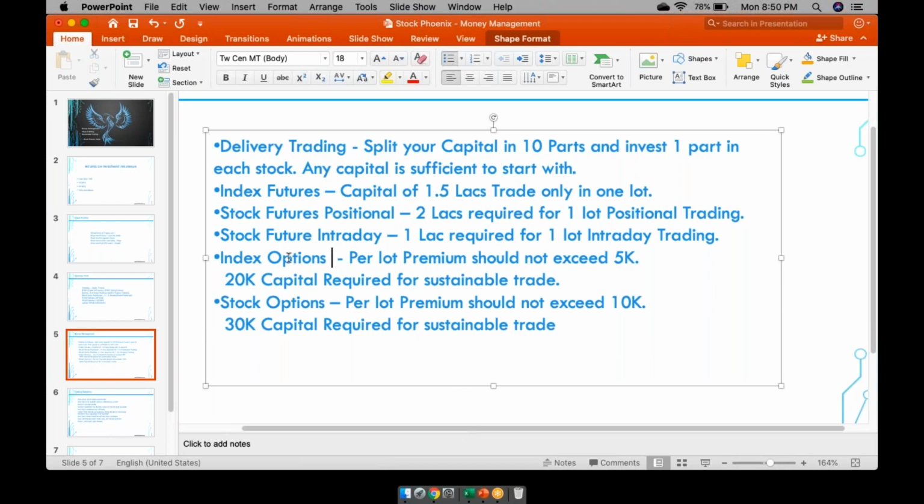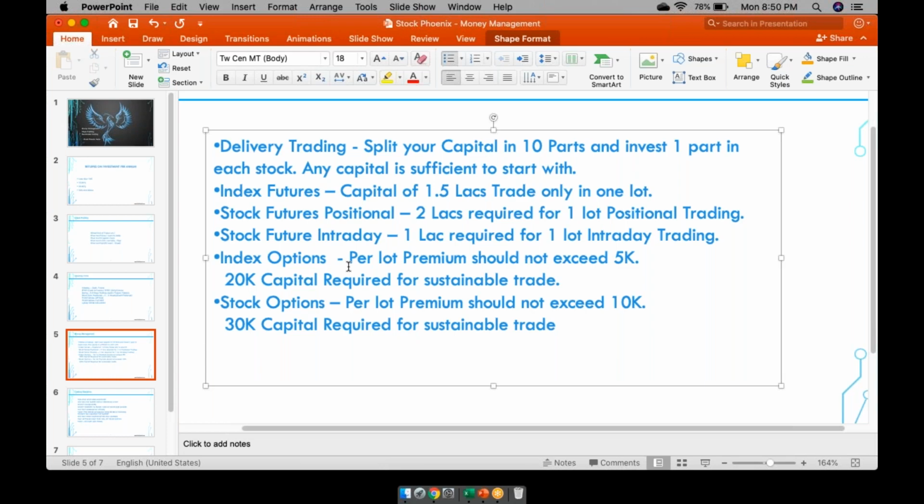Next, index options, that means Nifty or Bank Nifty. If you are going to trade Nifty or Bank Nifty options, the premium per lot, that means trading 1 lot of options, should not exceed 5,000 rupees. So don't take a Nifty option for 10,000 or 15,000 rupees, and also don't take options with a very cheap premium of 750 rupees or 10 rupees.